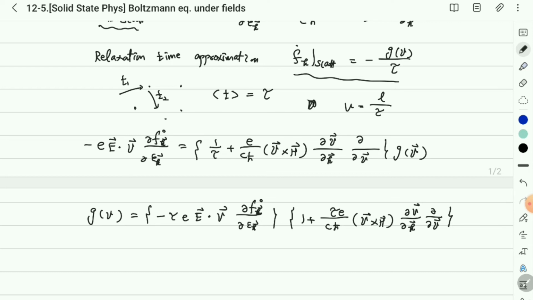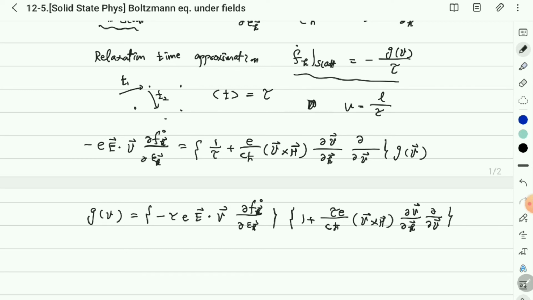This energy derivative can be calculated, and this magnetic field is given, and the v depends on the v.